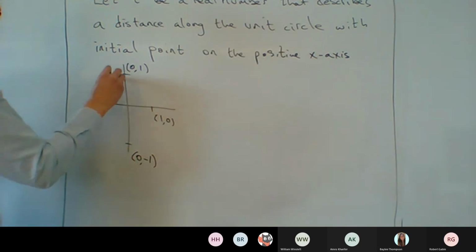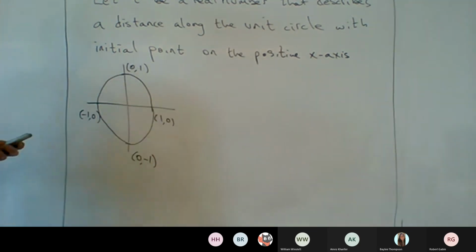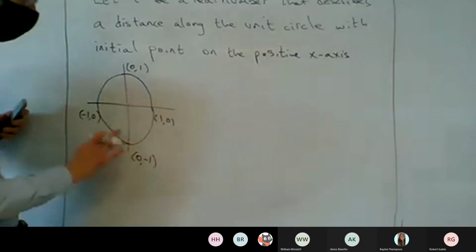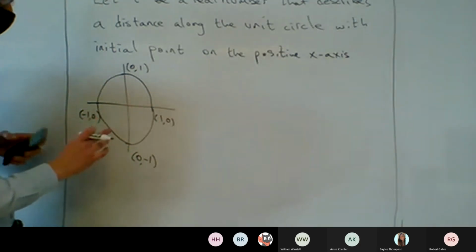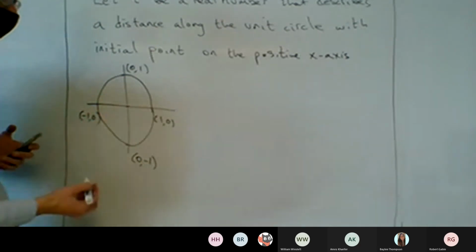So here's my circle. That is super ugly, but anyways, that's a circle with radius 1 and center 0, 0.